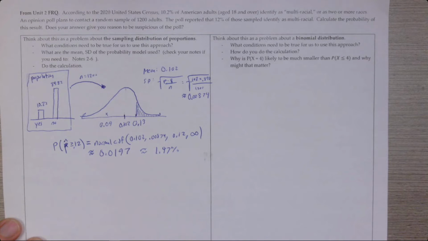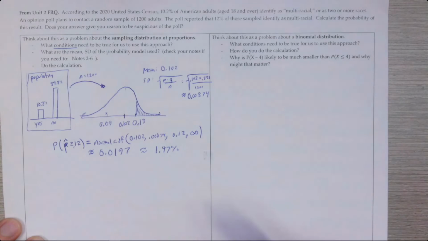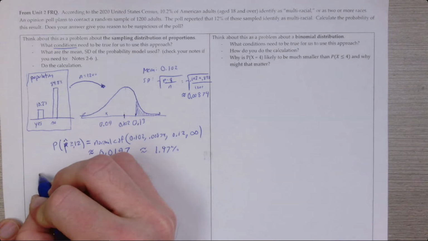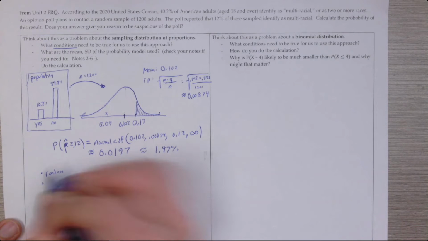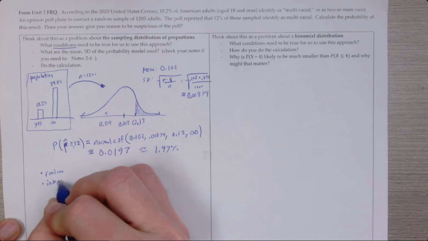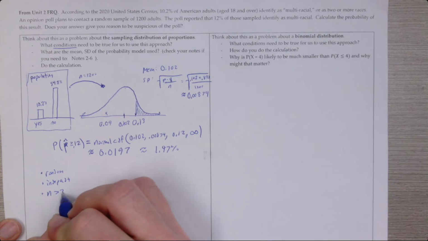If you were going to write this down as your solution to an FRQ, remember you should write down the conditions that justify using a normal model for your sampling distribution. The conditions are that the samples were drawn randomly, independent of each other, and that the sample size is greater than 30.